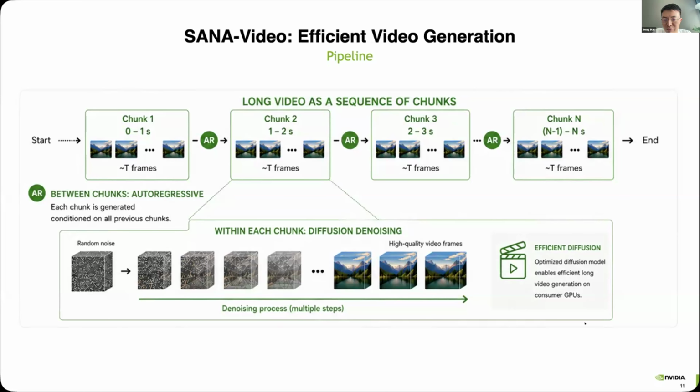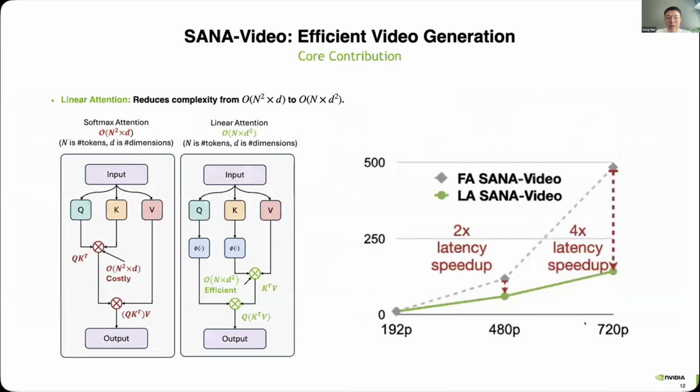And here, the core technique is to use linear attention wherever possible. So here is comparing the softmax attention and the linear attention. Softmax attention, the computation complexity is O(N squared D), where N is the number of tokens, while D is the hidden dimension.